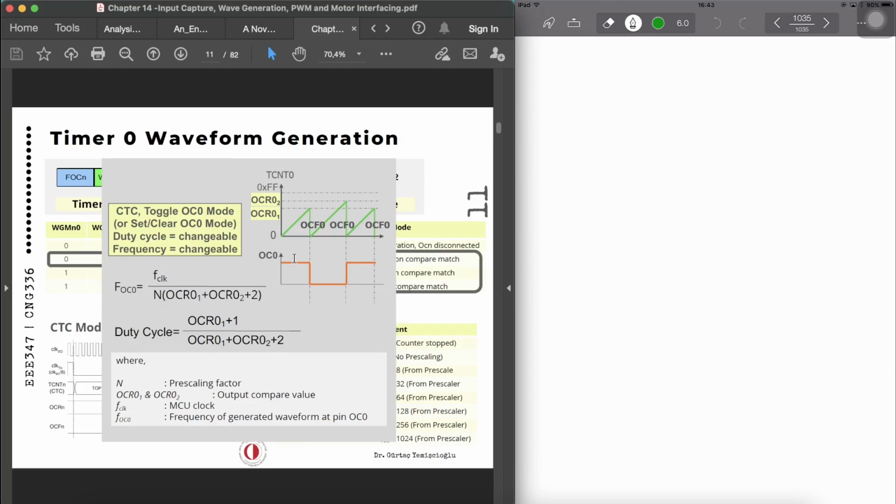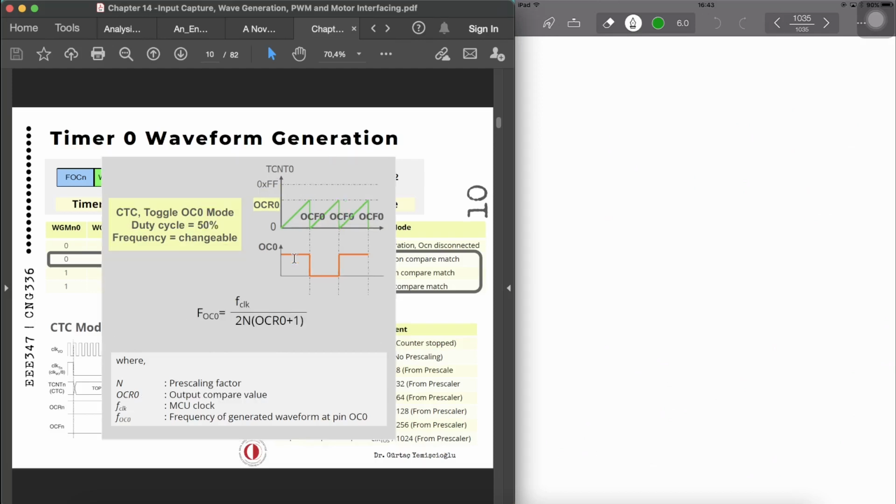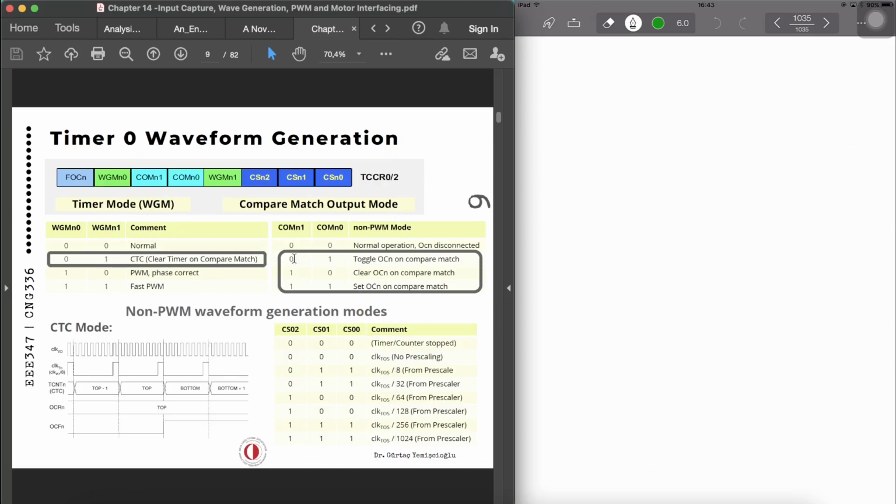So in order to generate pulses using CTC mode, we can configure a timer in CTC mode, and the COM is in the toggle mode. The value of the OCR represents how many clocks it counts before it toggles the pin. And by using this method, we can generate different pulses by loading different values into the OCRn register. And in order to load the value to the OCRn, we can use the compare match interrupts as well.